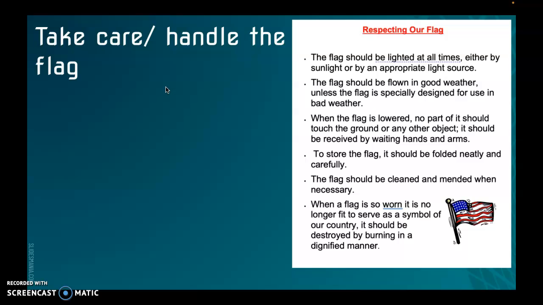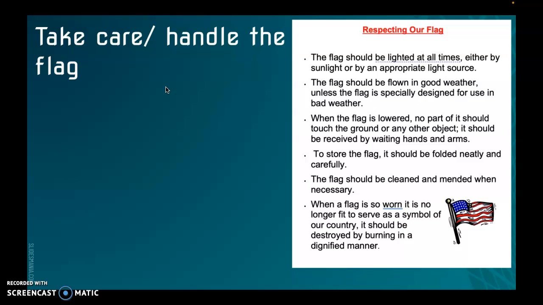The flag should be flown in good weather, unless the flag is specially designed for use in bad weather. When the flag is lowered, absolutely no part of it should touch the ground or any other object. It should be received by waiting hands and arms. To store the flag, now this is an important one, it should be folded neatly and carefully.